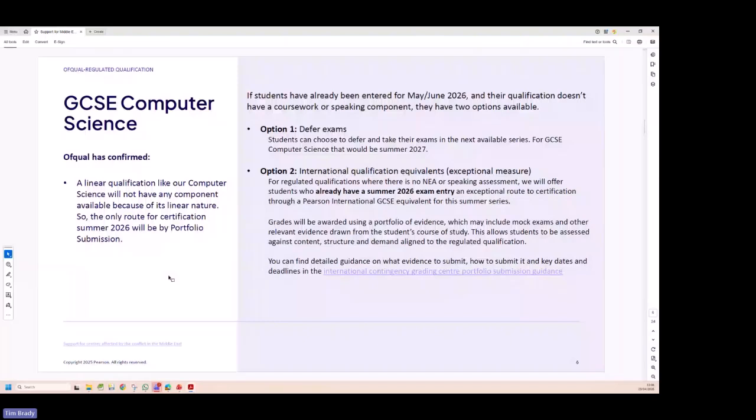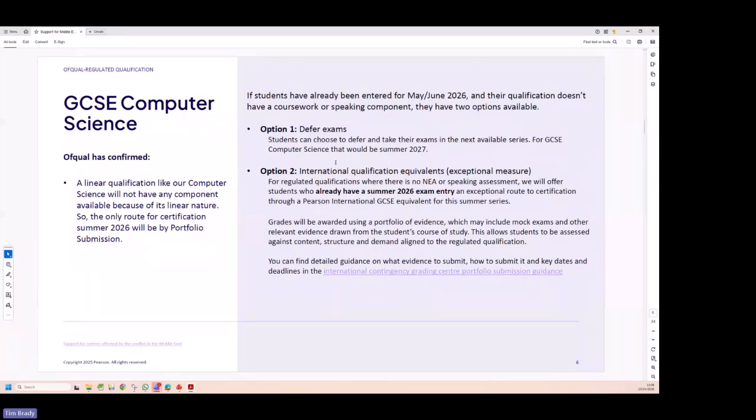On the right-hand side, you can see that there is an option to defer exams, although the initial deadline for that, being the 21st of April, has passed. So if you have students that you would want to defer until summer of 2027, you can contact us immediately and raise those with us, and I think they can be supported, although the deadline was the 21st for withdrawal.